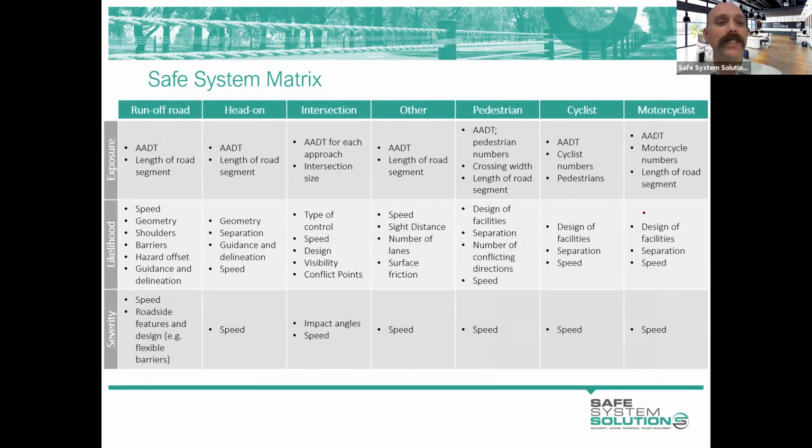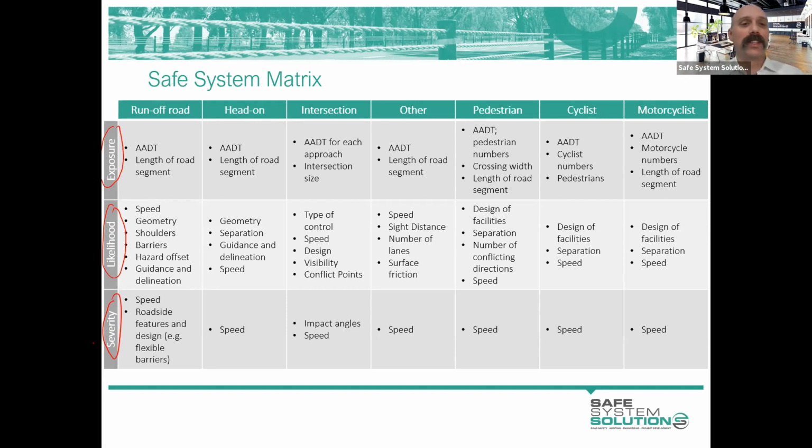The safe system assessment matrix is broken up into 3 rows: exposure, likelihood, and severity. Okay, good. That is the reason why I've been banging on about exposure, likelihood, and severity for all these modules, because they're the key 3 rows in your safe system assessment.